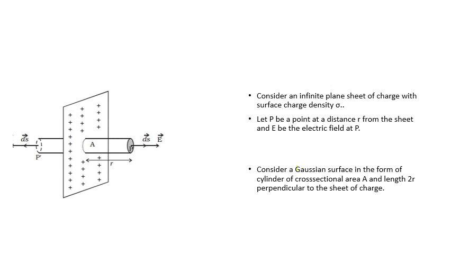So that is important. A very important thing is, whenever you have a problem, you have to think about the Gaussian surface. Here we are taking the Gaussian surface in the form of a cylinder of cross-sectional area A and length 2r perpendicular to the sheet of charge.